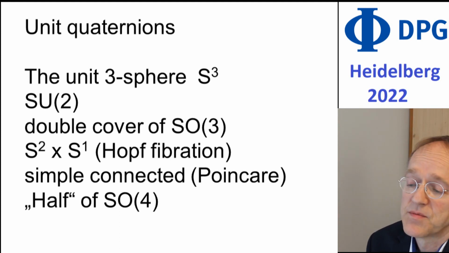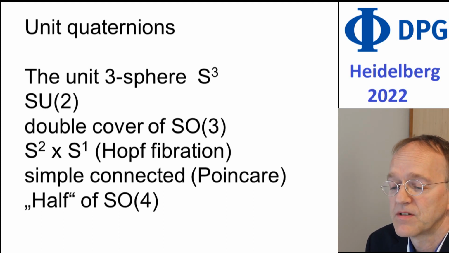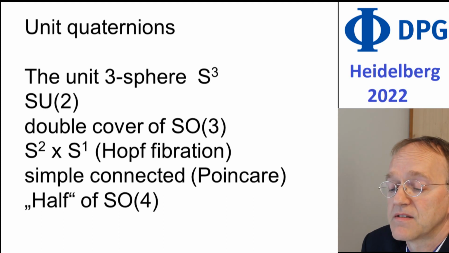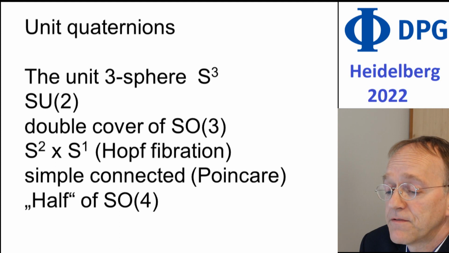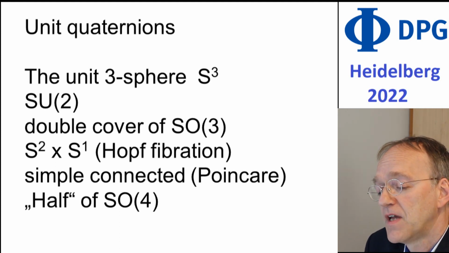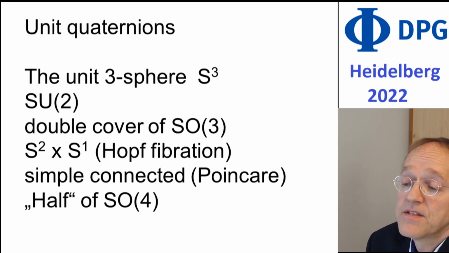And this is more for mathematicians. The Hopf fibration is a very interesting feature, and the Poincaré conjecture was proved by Perelman, who said that S3 is the only simply connected 3-dimensional manifold, and it is, so to speak, the half of SO4, which is 6-dimensional. This is interesting.